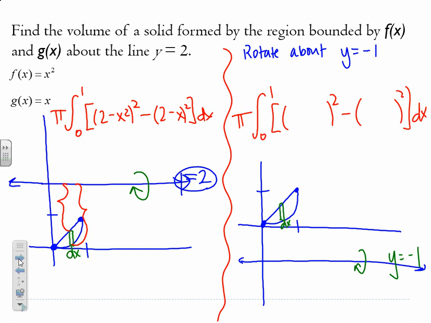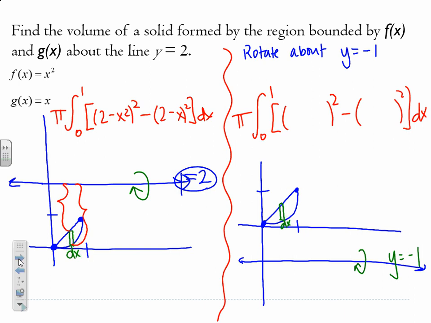We still need to keep in mind that we have to do top minus bottom. So now that our axis of rotation is underneath our curve, we're going to be talking about the rectangle first and then our axis of rotation. So, April, where did you guys describe the outer radius?